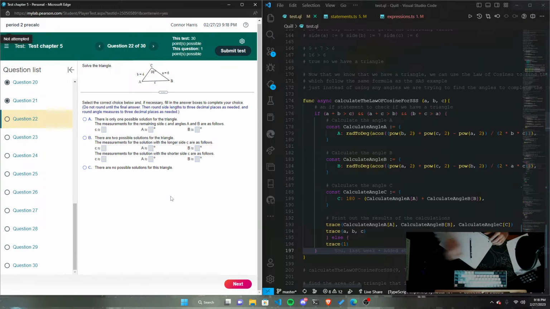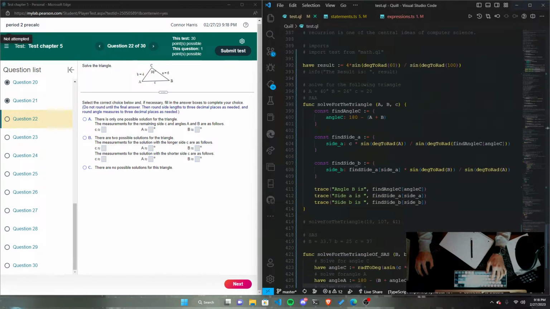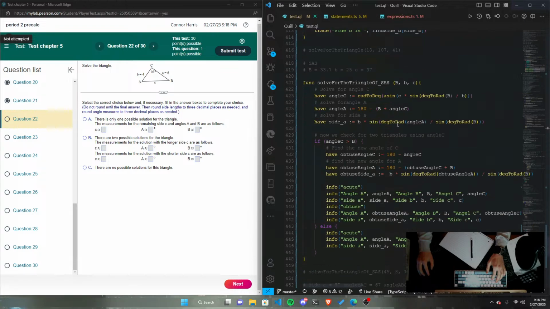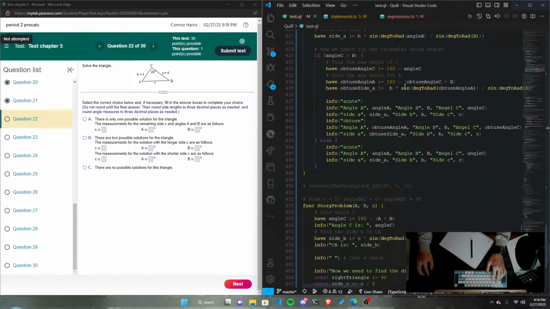Yeah. So we need to solve the triangle. We're given B, A, and C. So we need to find angle A, angle B, and angle C. Oh, so this is just side, angle, side, which we already calculated down here. This is angle, angle, side. This is side, angle, side. Boom.